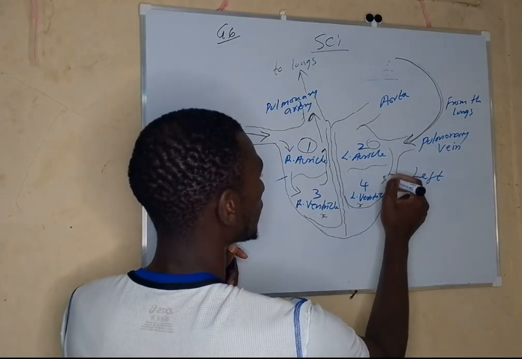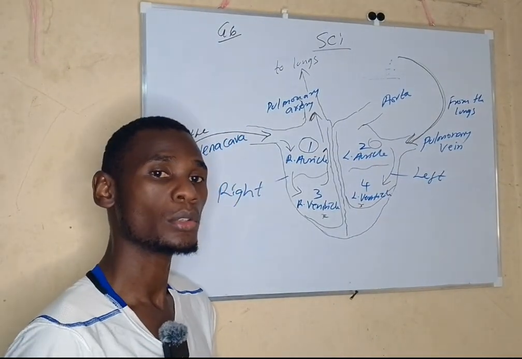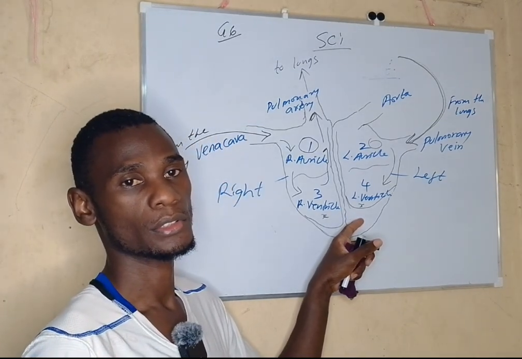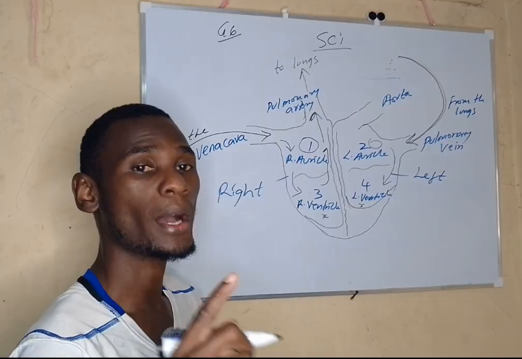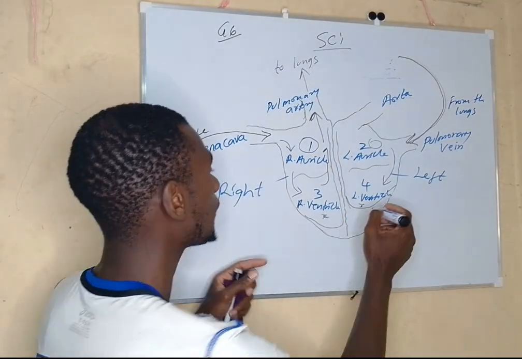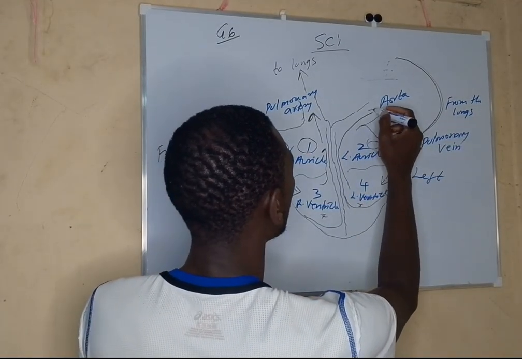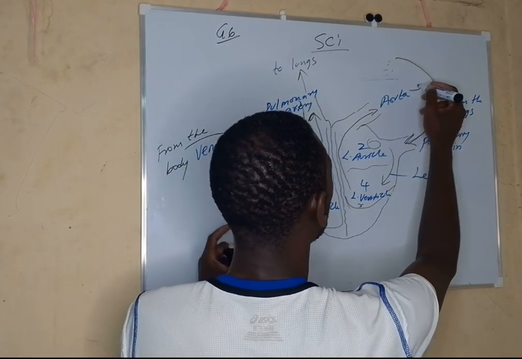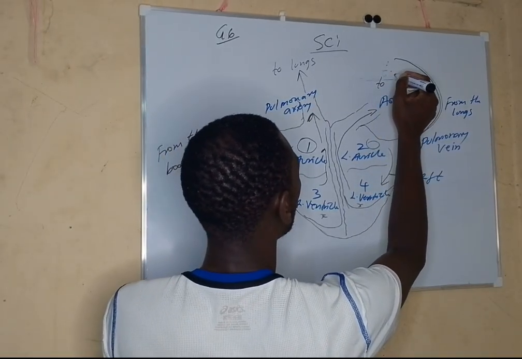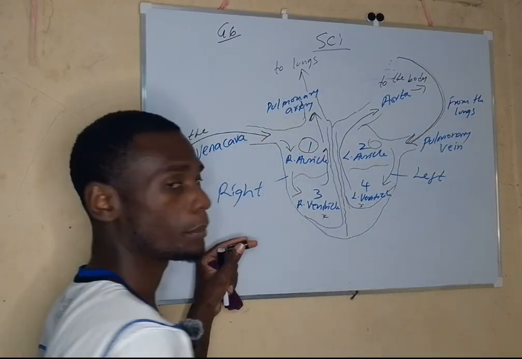It will pass it to the left ventricle. Why? Because pumping can only be done at the ventricles. The work of the ventricle is to pump. The work of the auricles is to receive. So the left ventricle will pump it to all parts of the body through the aorta. So you can write there "to the body".